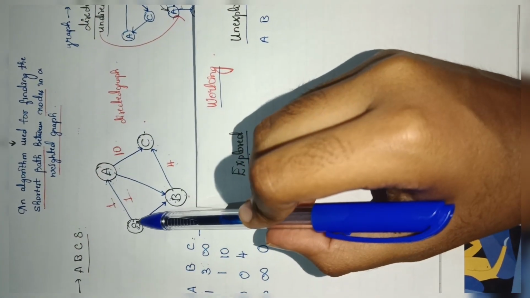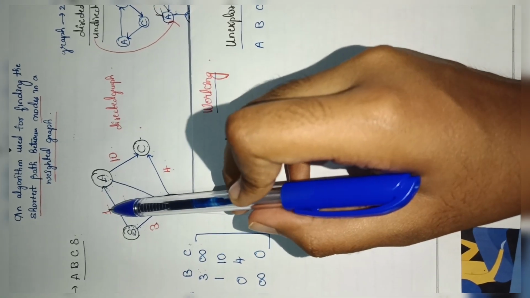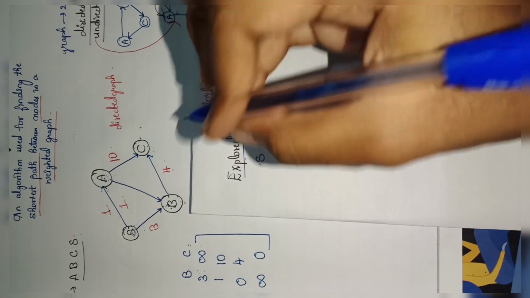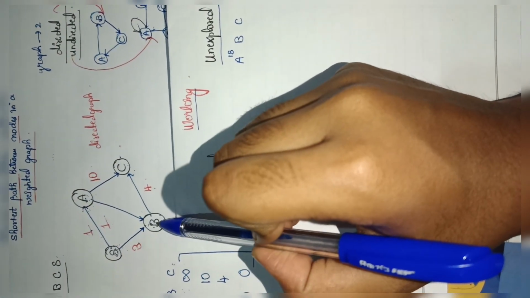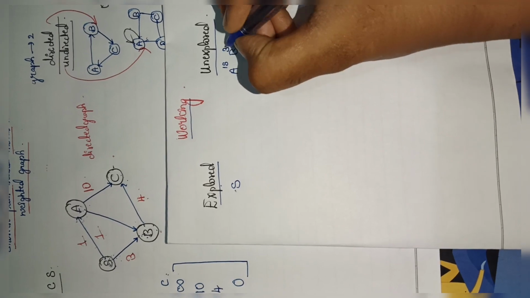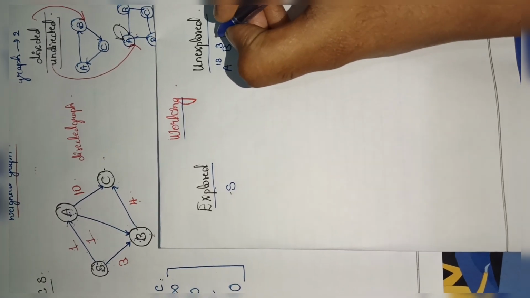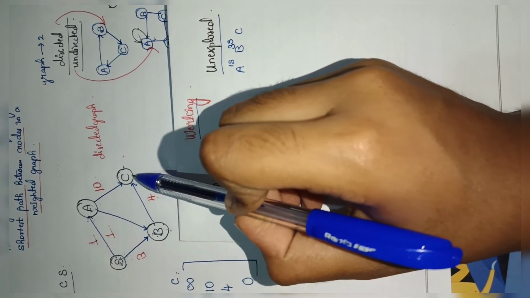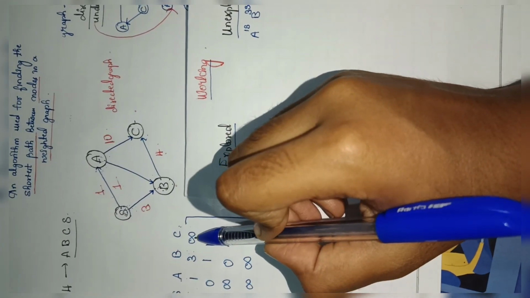So from S to A, it's going to be 1, so it is 1S. From S to B, here it is 3, so it will be 3S. And from S to C, it's infinite.